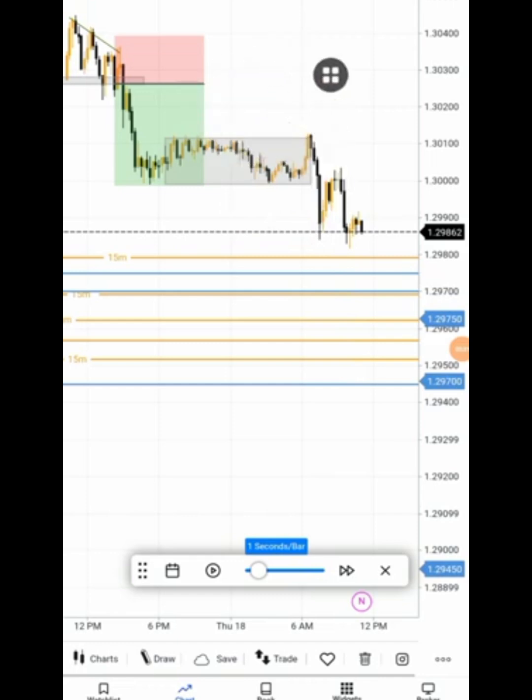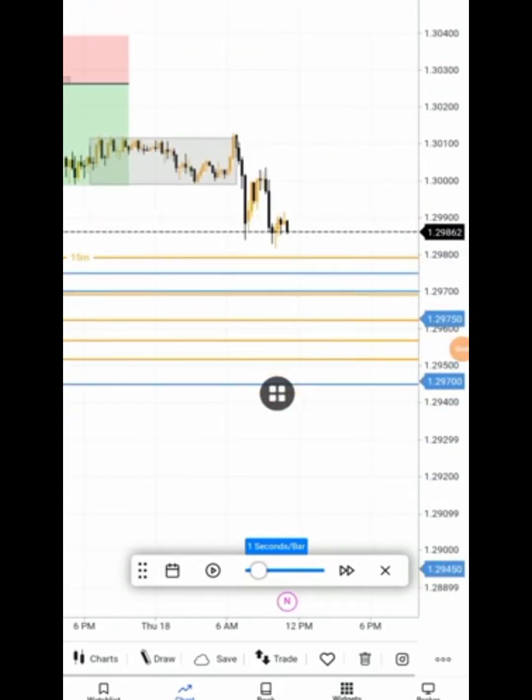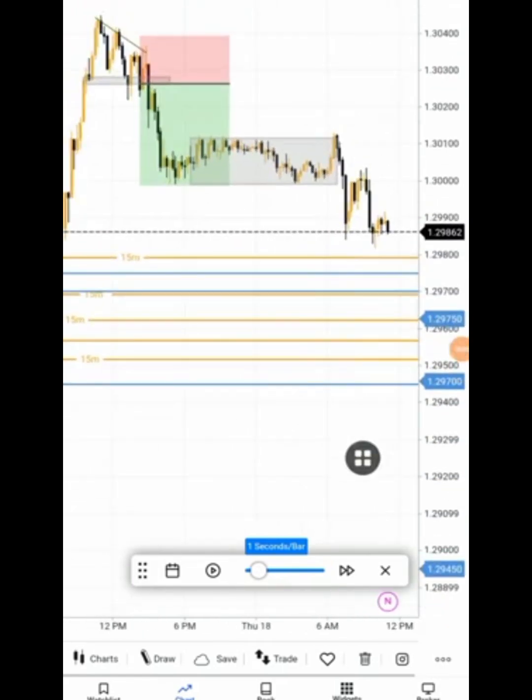You place your stop loss, and it starts dropping down. That's the most annoying part. So the best advice is to stay away from the market in such a situation, and wait for another setup. So that's it.